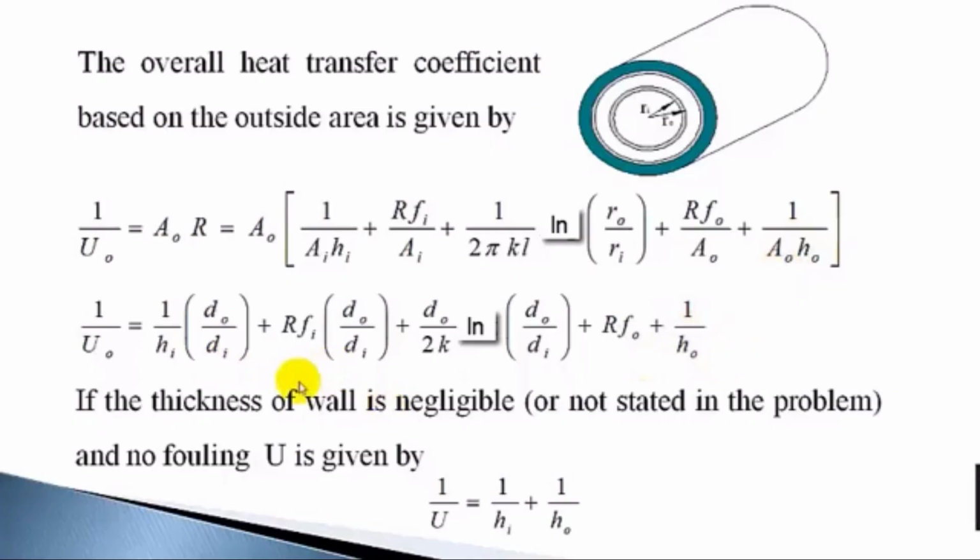So you get 1 by U0 is equal to 1 by Hi into D0 by di plus RFi into D0 by di plus D0 by 2K into log D0 by di plus RF0 plus 1 by H0. Now if the thickness of the wall is negligible or not stated in the problem and no fouling, U is given by 1 by U is equal to 1 by Hi plus 1 by H0.